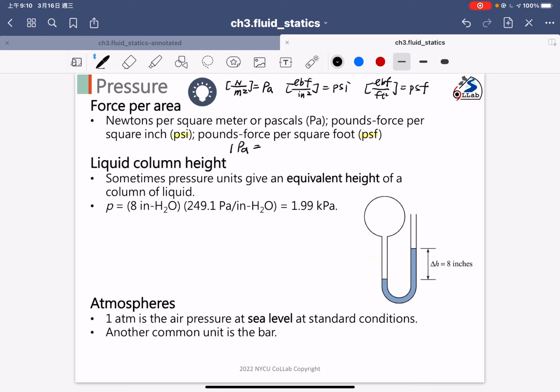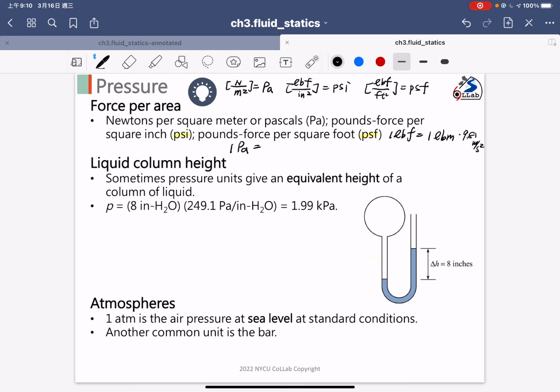So we need to convert the unit by ourselves. So here I know that one pound force is equal to 1 pound mass multiplied by 1 g, right? And the 1 g is 9.81 meter per second square.